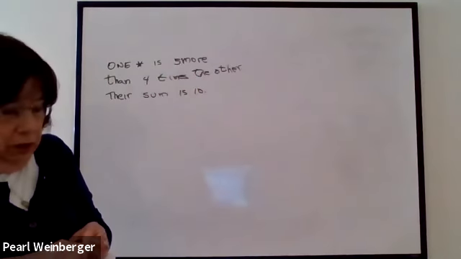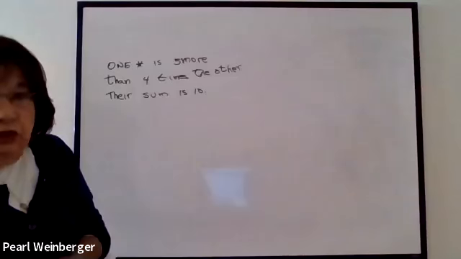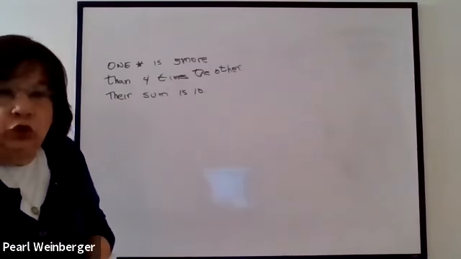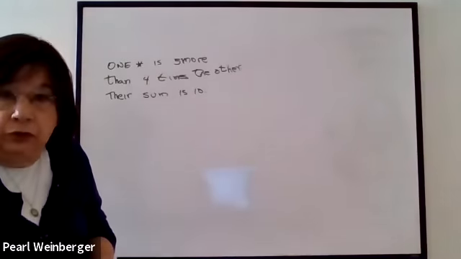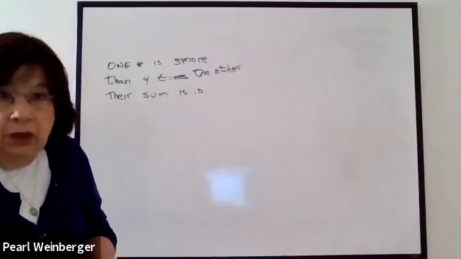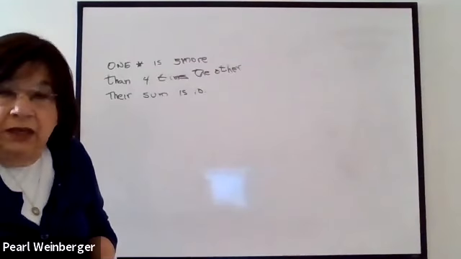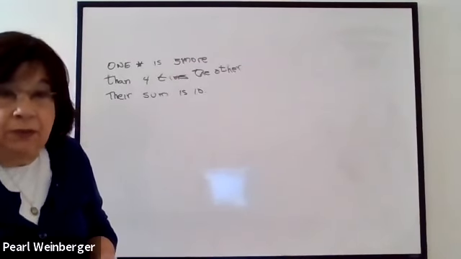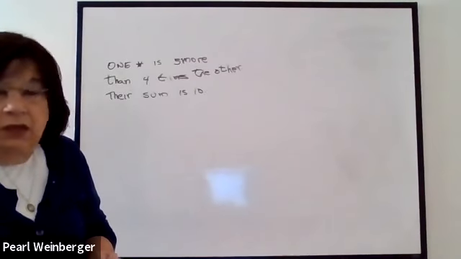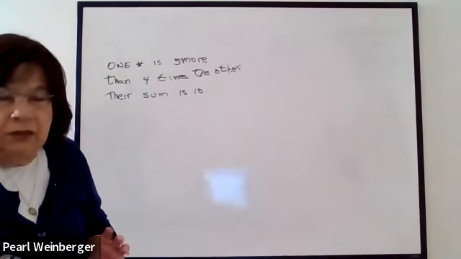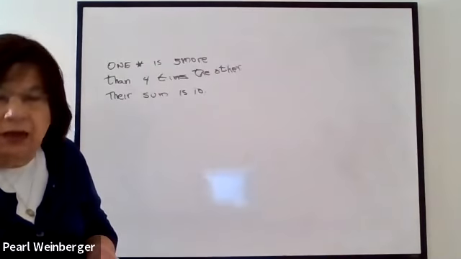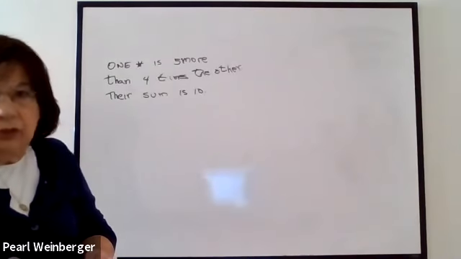So when you have a situation where there are two things, two variables, two things that are unknown, the easiest way to solve these is by setting up a system of equations.